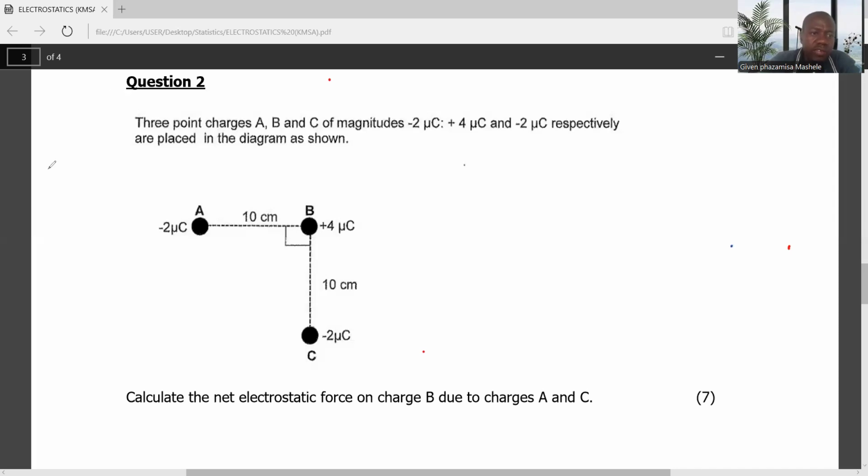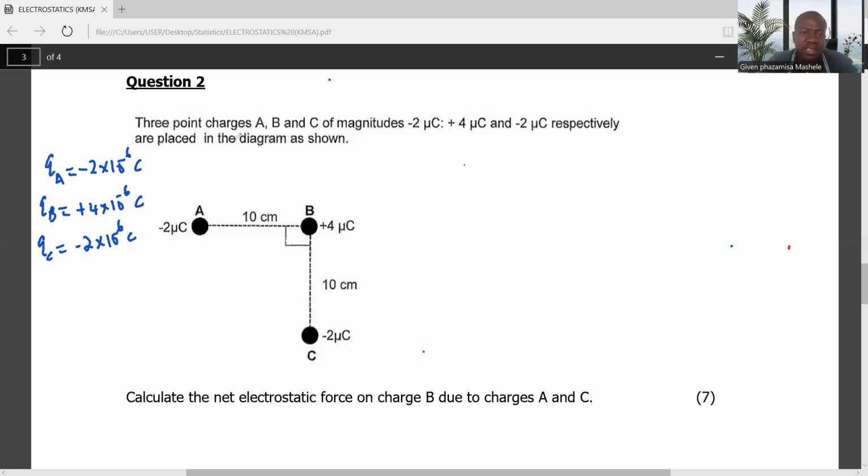Charge A is -2 times 10 to the power -6 coulomb. Charge B is +4 times 10 to the power -6 coulomb. And charge C is -2 times 10 to the power -6 coulomb.